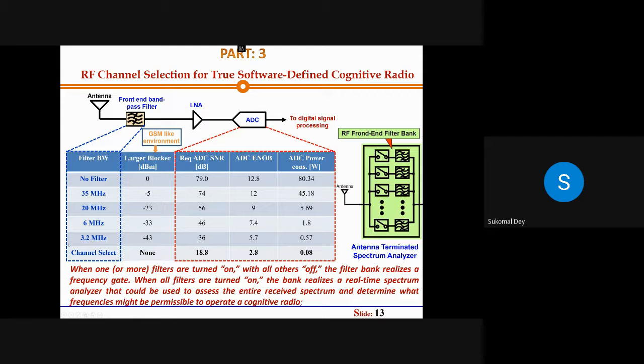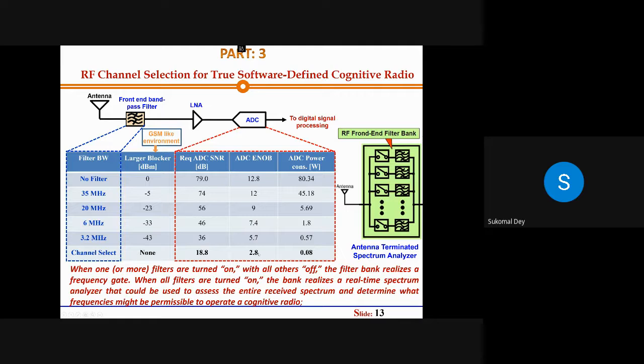If you have a nice channel select filter which takes a very narrow band of frequency, then you can get a power consumption of 0.08 watt from the ADC. Simultaneously, the ADC ENOB can also be reduced from 12.8 to 2.8. So this is the advantage.